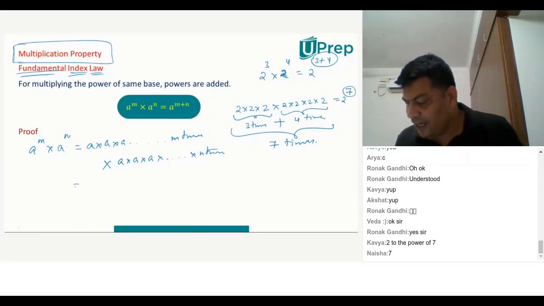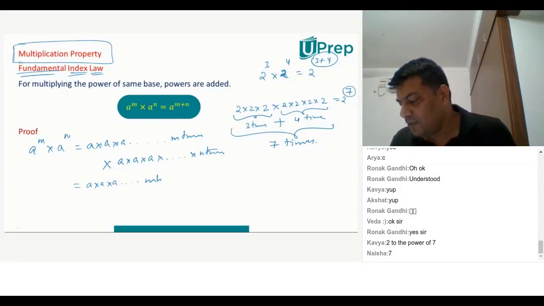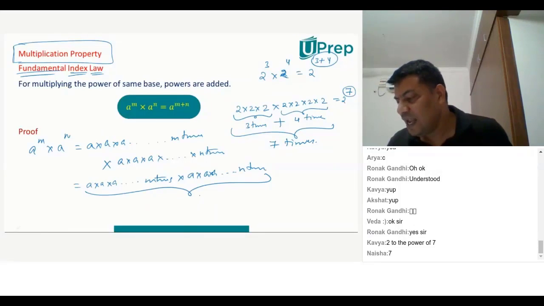So what does that mean? If you multiply this, you are multiplying a into a m times, which is getting multiplied with a into a n times. So basically, how many times is this? This is m plus n times, because this is m times and this is n times.